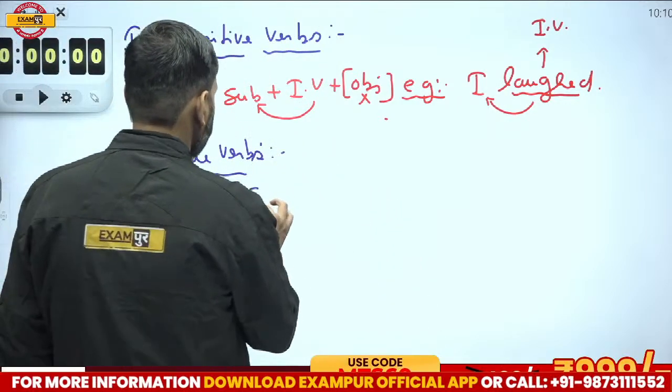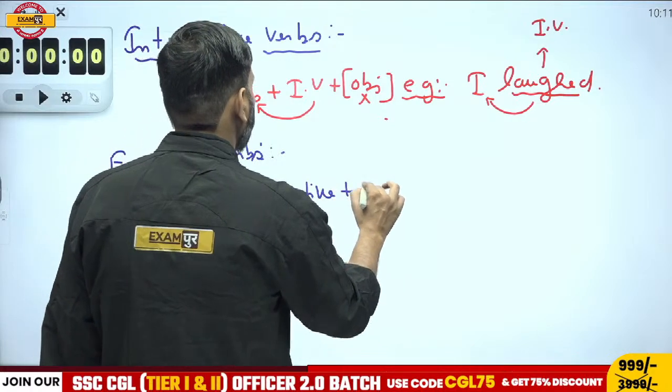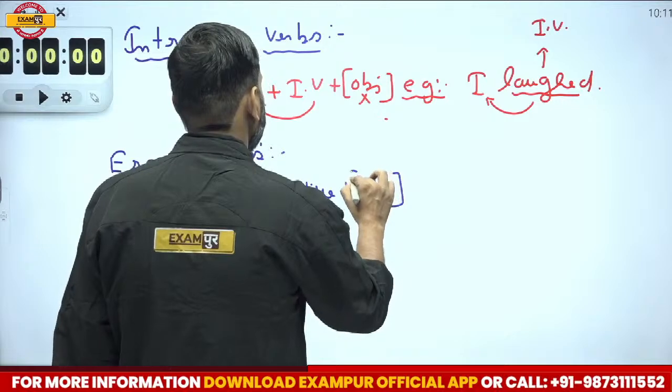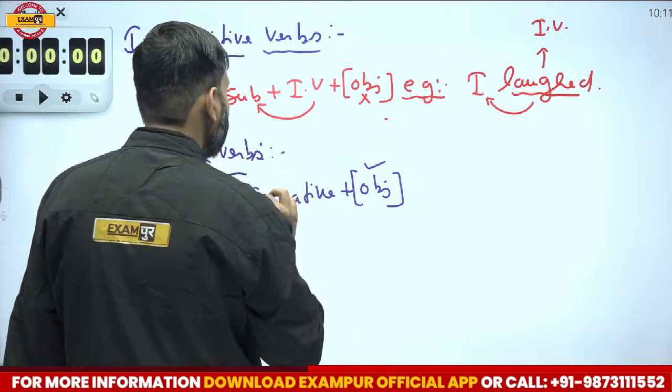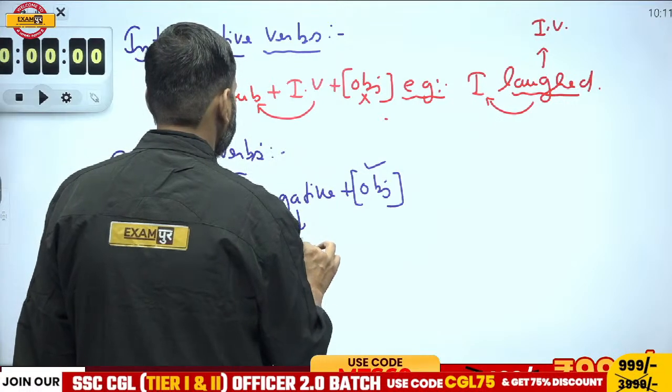Okay, so if an ergative verb is followed by an object, this ergative works as transitive.